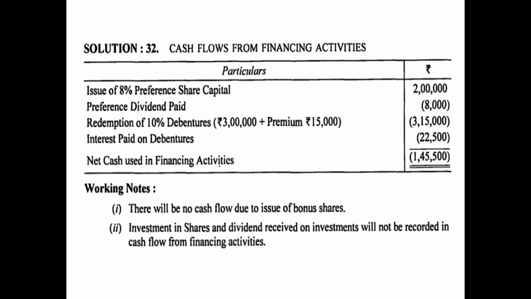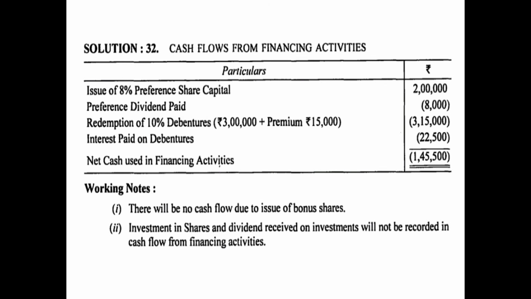Then the next one, interest paid on debentures. Again, how we have calculated: the rate was given, 10% debentures. It has not been specifically given, but it is implied. So the 10% interest is being calculated on debentures, the face value 3 lakh, for 9 months, which is coming to 22,500. And again, since it is the interest paid on debentures, it is a cash outflow, and therefore it is being deducted.